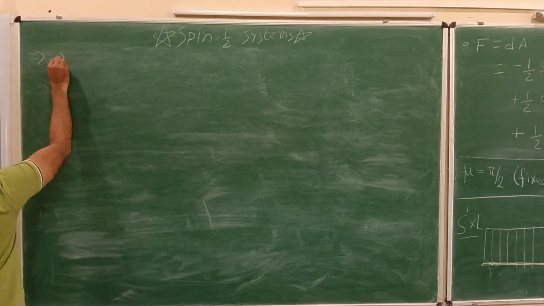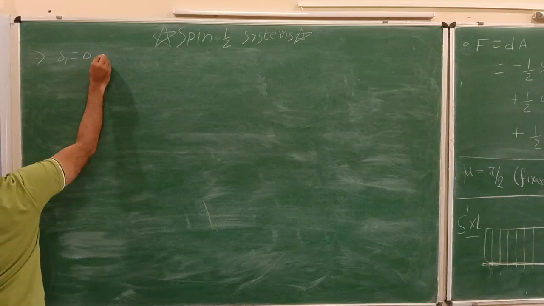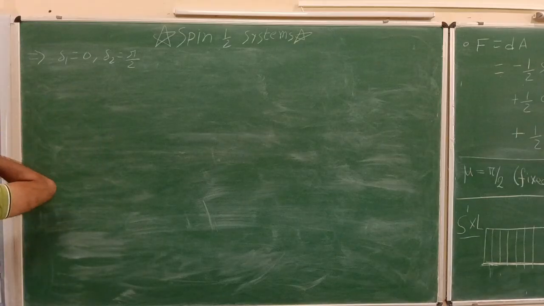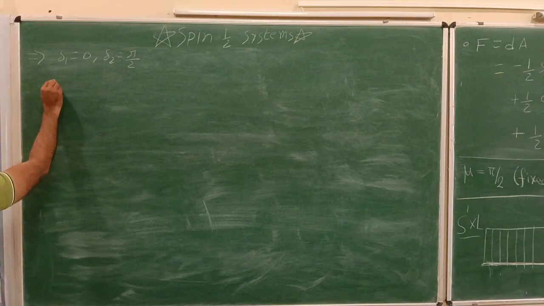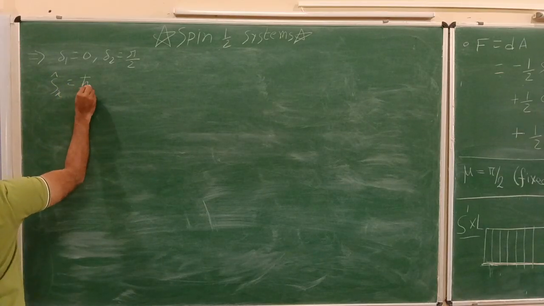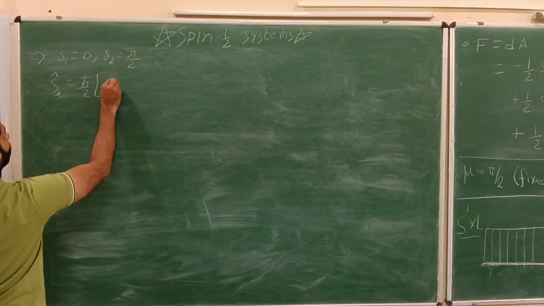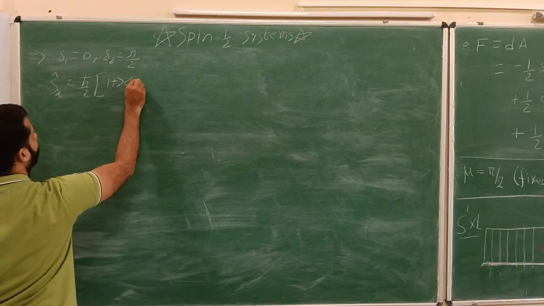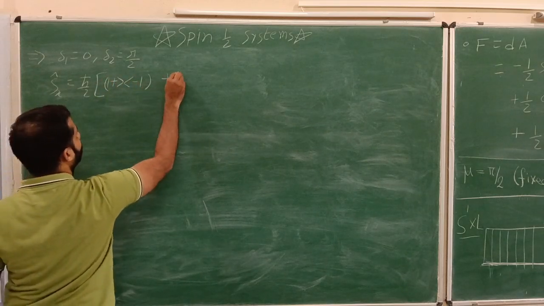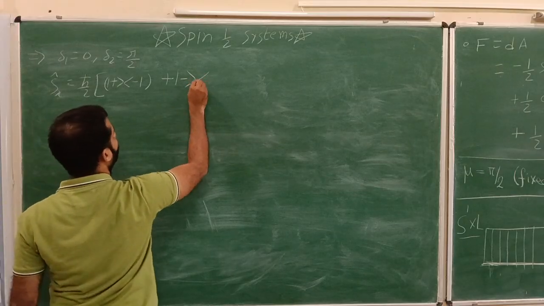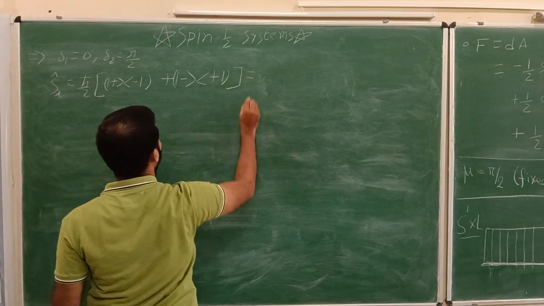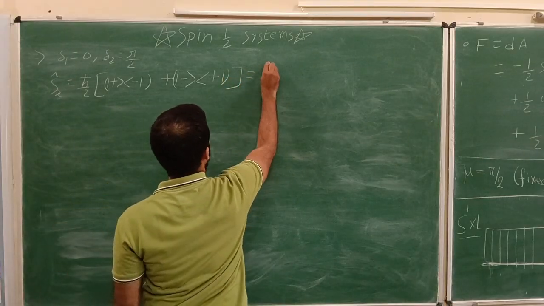So suppose we fix this pi by 2, this is 0, then what will this x operator look like? Do the matrix form.